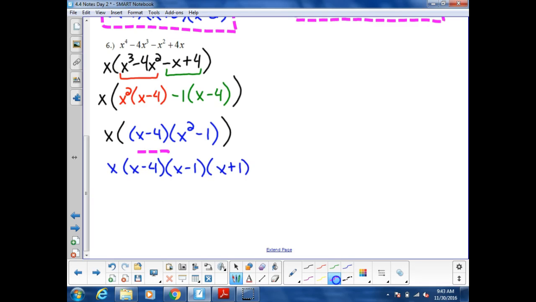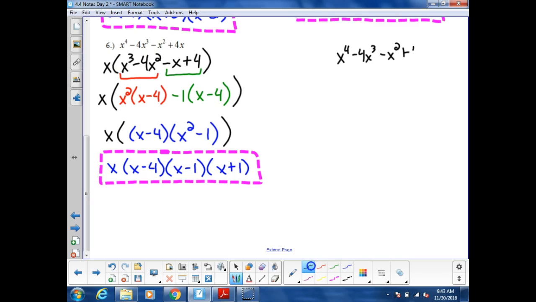Now, when I was walking around, I saw a lot of what you guys had started to do. The original problem was x to the 4th minus 4x cubed minus x squared plus 4x. And you said first, factor out an x cubed.